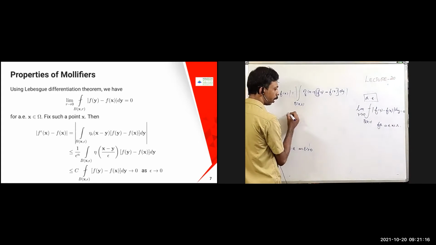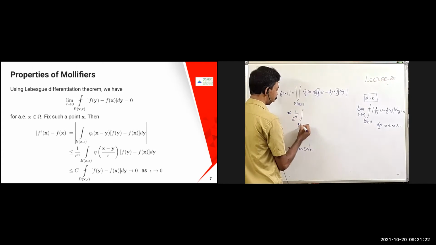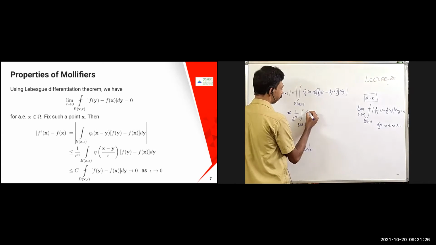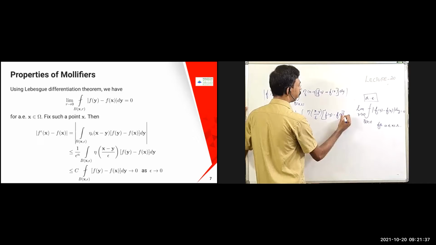Think about it and then tell me why it is true. Just use the definition of the modifier, and one property also we have discussed. Any idea why this is true?